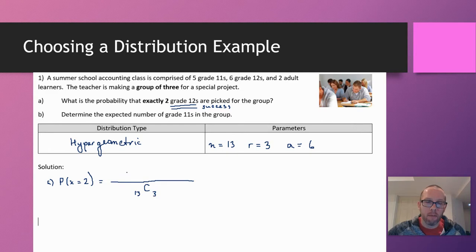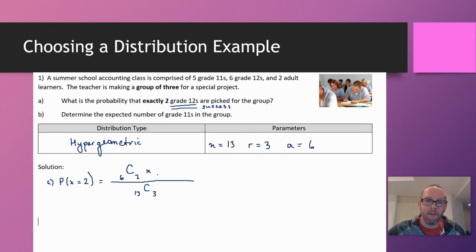For the number of grade 12s, so our successes, we have 6 grade 12s, A, choose 2, our number of successes, times, and then remember, for our failure combination calculation, all the left-hand numbers add up, all the right-hand numbers add up.